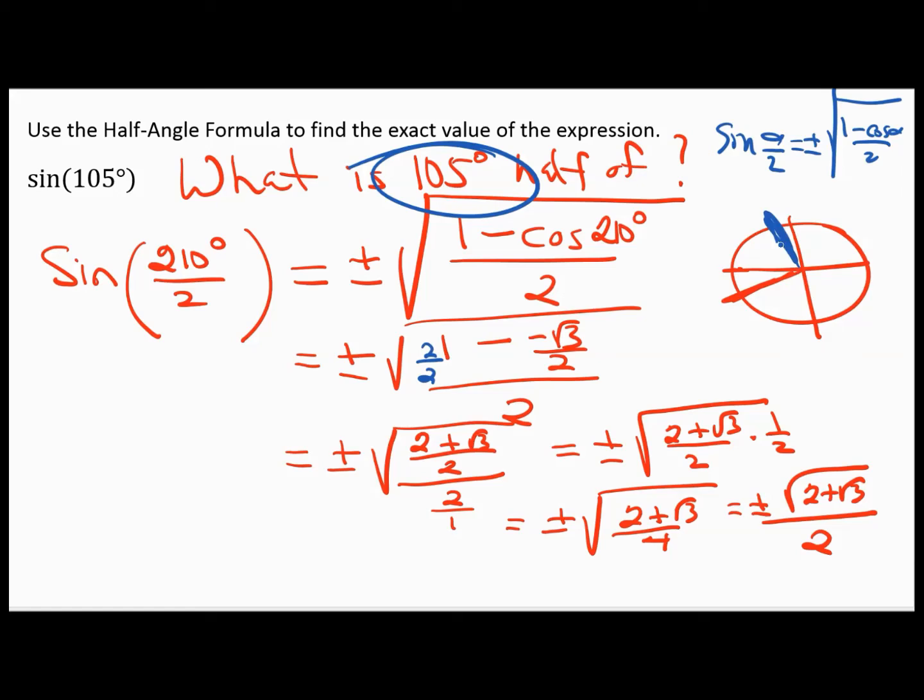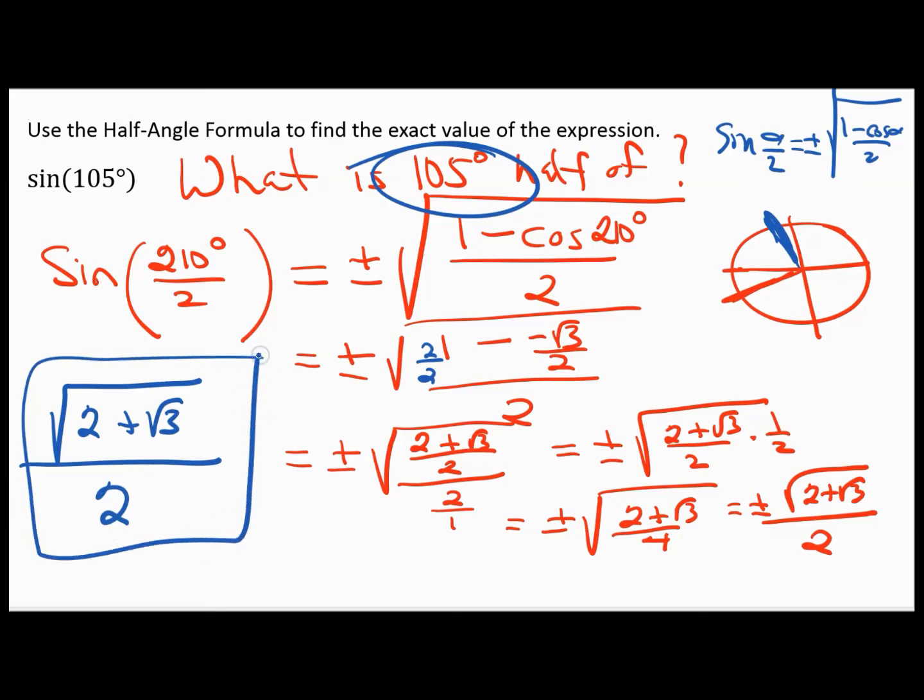Well, it's positive because it's a y value. So our answer is positive, the square root of 2 plus the square root of 3 all over 2. That is our final result. You can certainly check that by plugging that value in your calculator and also evaluating the sine of 105 degrees and see if you don't get the same decimal.